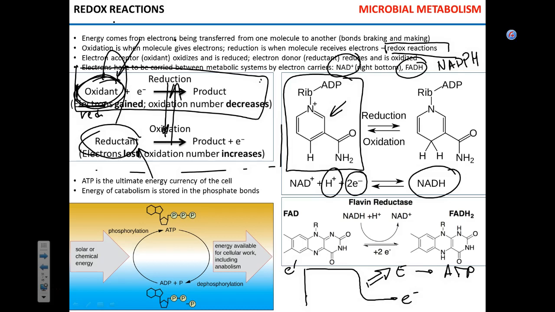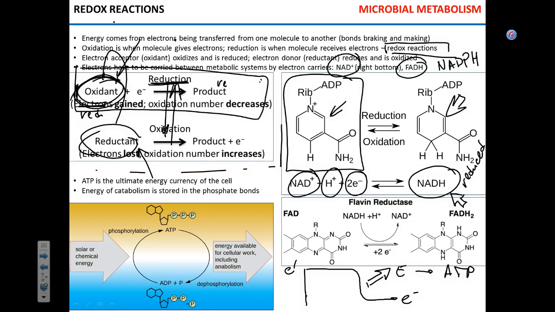But the process in which it receives electrons is called what? Reduction. And it means that oxidant, or NAD+, is being what? Reduced. In the process of reduction, NAD+, an oxidant, is being reduced. Therefore, we call this form a reduced form.